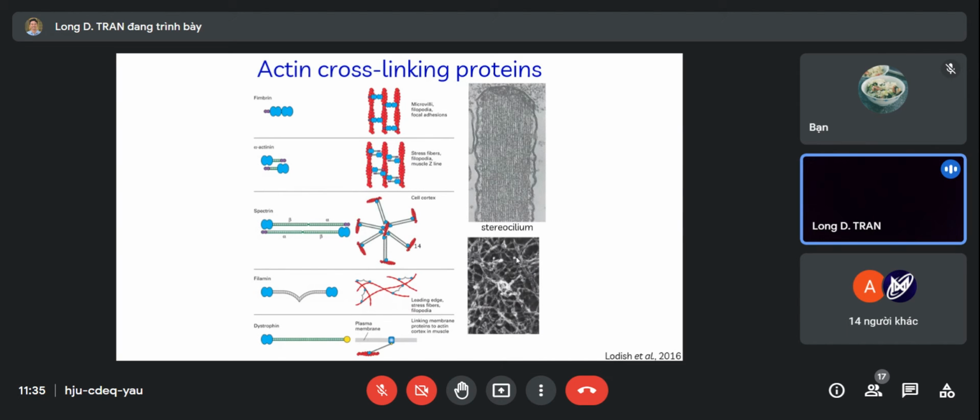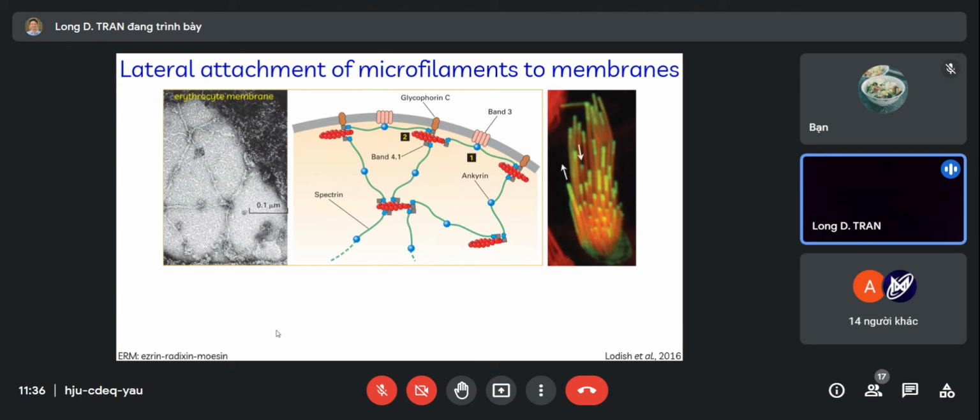The other cross-linking protein is dystrophin. It connects the actin to the cell membrane, and disruption of dystrophin function could lead to muscular dystrophy. There are some other proteins that can help actin bind to the membrane or to proteins on the membrane.